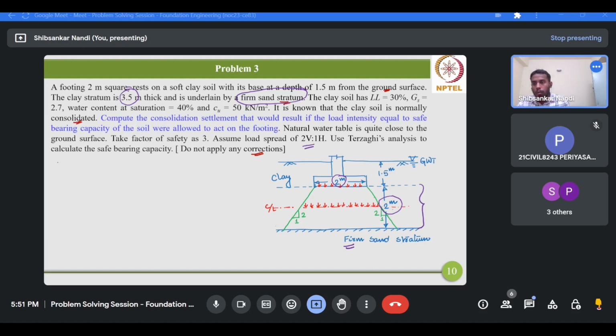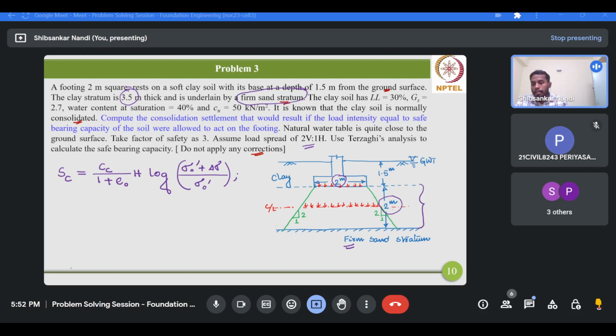Now, based on Terzaghi's 1D consolidation theory, if you can remember, the consolidation settlement expression is given as Cc divided by 1 plus e0, times H, times log of sigma 0 prime plus delta sigma divided by sigma 0 prime. Please correct me if I am wrong.